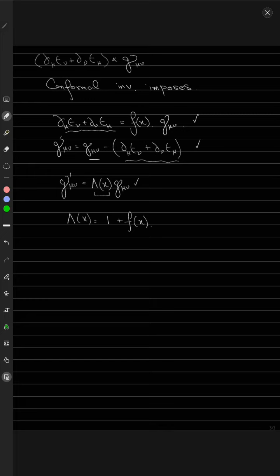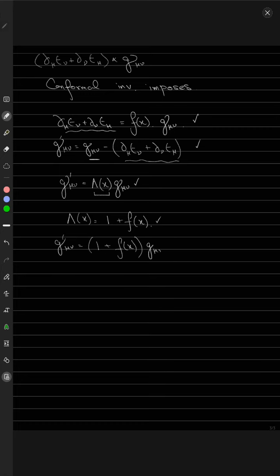I can write this thing as f of x times this thing. So actually let me write it down. How do I get this? We see that g prime mu nu is equal to, now I can factor out this g mu nu, because I can replace this thing with f of x times g mu nu. So I get 1 plus f of x and then g mu nu, but I can factor that out.